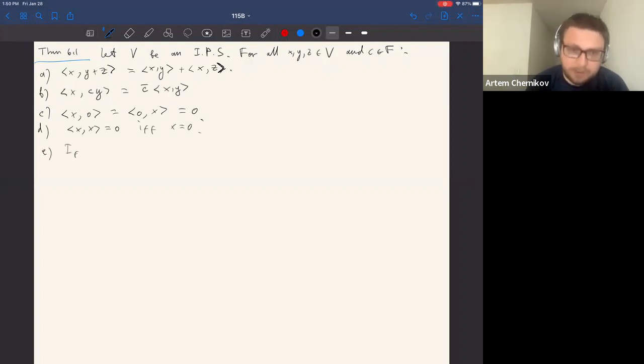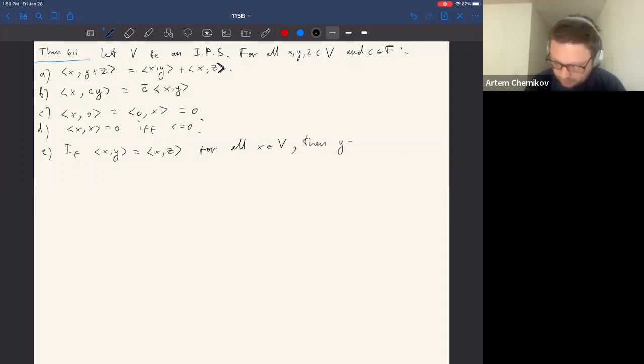And finally, if the inner product of xy is equal to the inner product of xz, assume that this happens for all x in V and fixed y and z, then in fact y has to be equal to z. So if two vectors have the same inner products with all other vectors, then they're already equal. All right, so these are some basic properties of inner products.